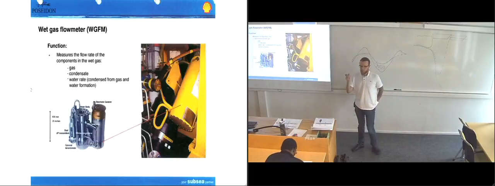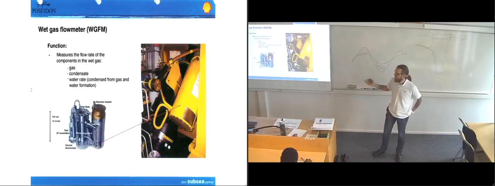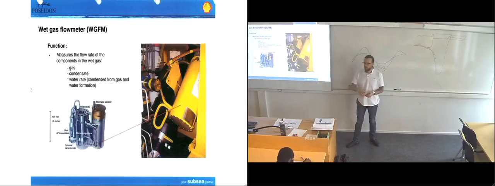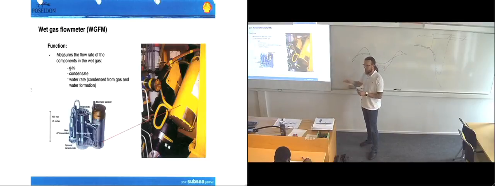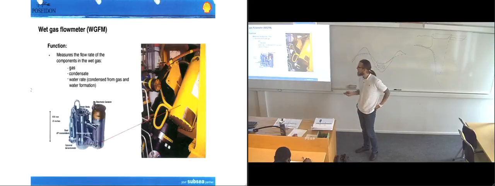But then when we get up to the Christmas tree, and especially since we have these low temperatures here, you get condensation of water inside the flow line. And that's why they are injecting this antifreeze, because they don't want clumps of ice ending up inside the flow line there.